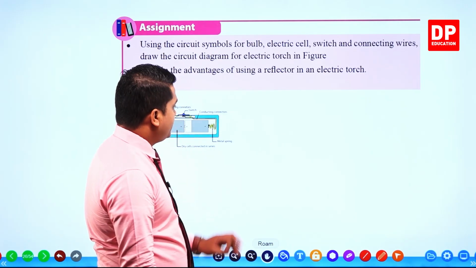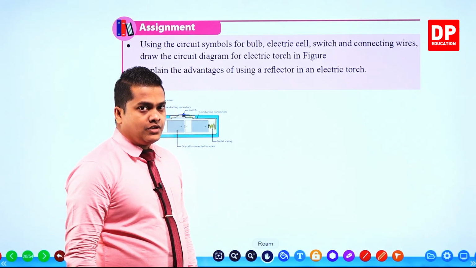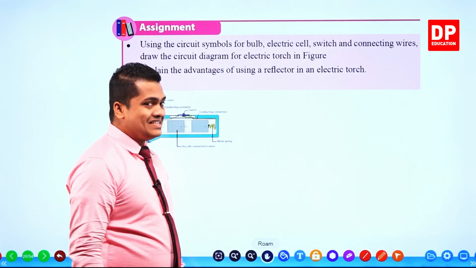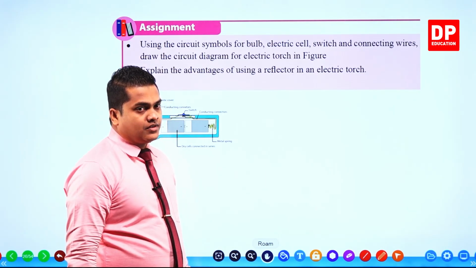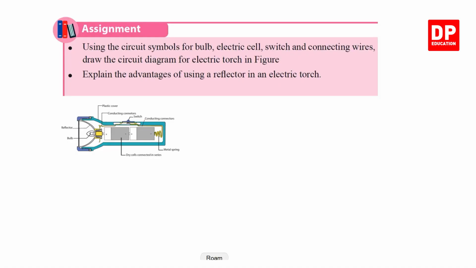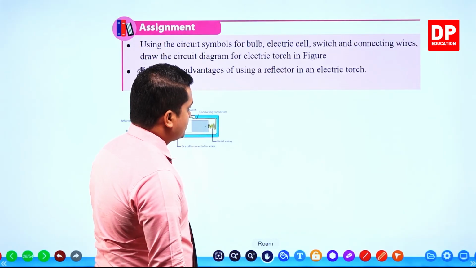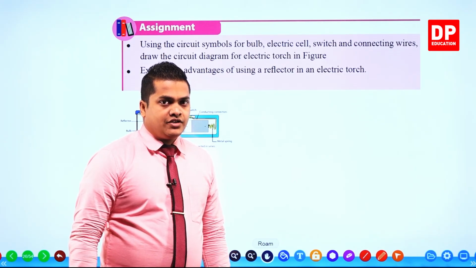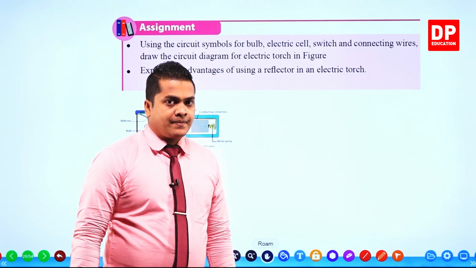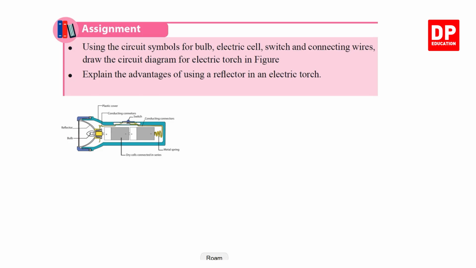Now the figure is given here. Okay, so we have to draw the circuit diagram related to this figure. Then explain the advantages of using a reflector in an electric torch. Right. What is the advantage of using that reflector? And the second one is that you have to draw the circuit diagram related to the torch given in here.